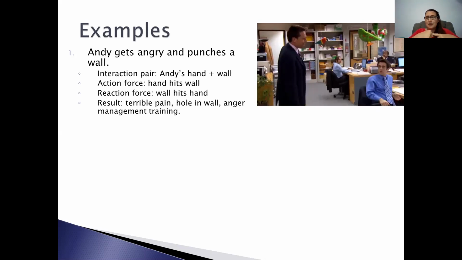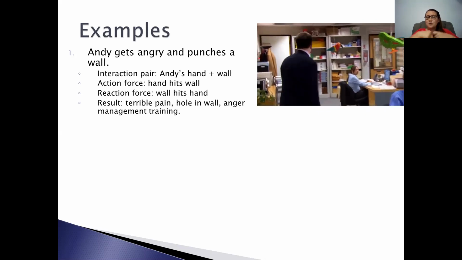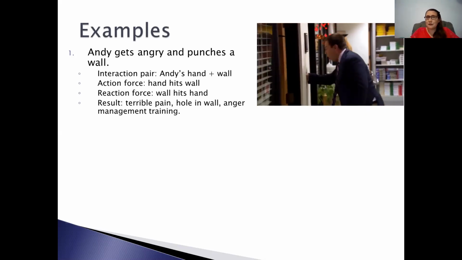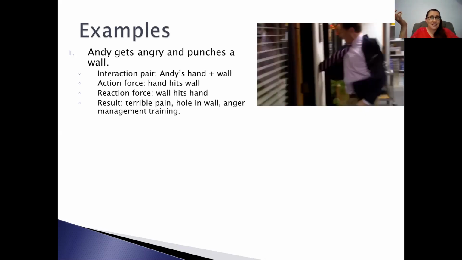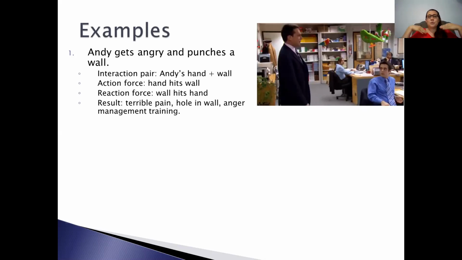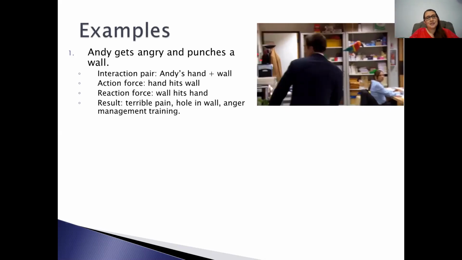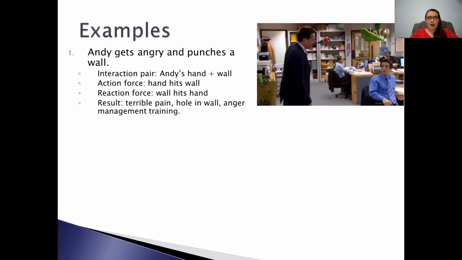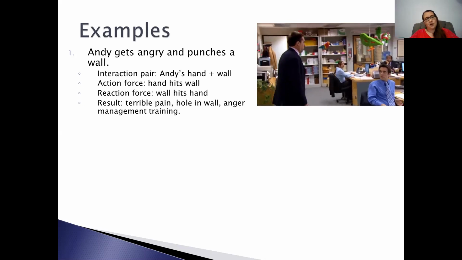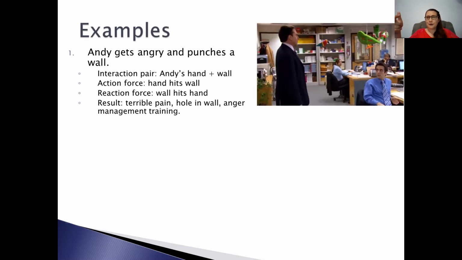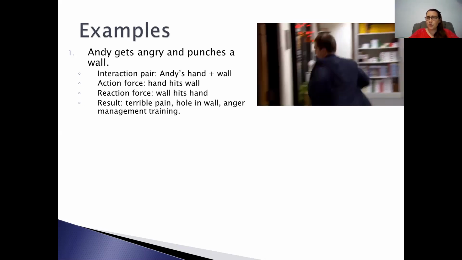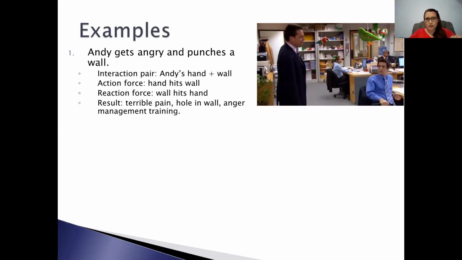Right? They hit with equal forces, which is why it hurts your hand if you punch a wall. If the wall weren't hitting you back, it wouldn't hurt your hand. And so the result of this is terrible pain, a hole in the wall, and Andy has to go to anger management.